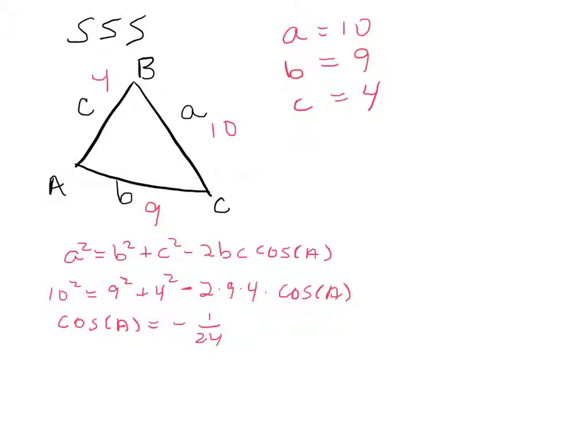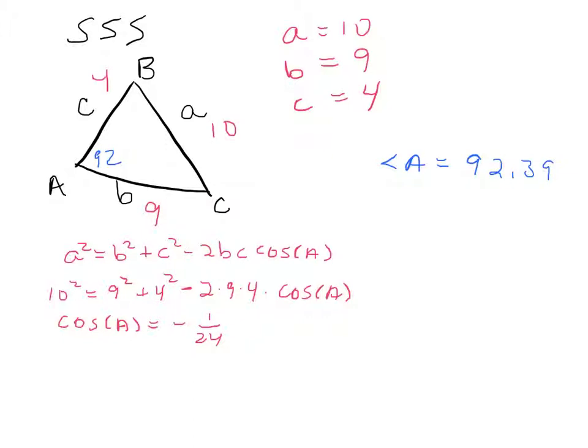And if we solve this correctly, again, making sure that we are using the correct units, we're going to get angle A is equal to 92.39. I'll just write 92 here.